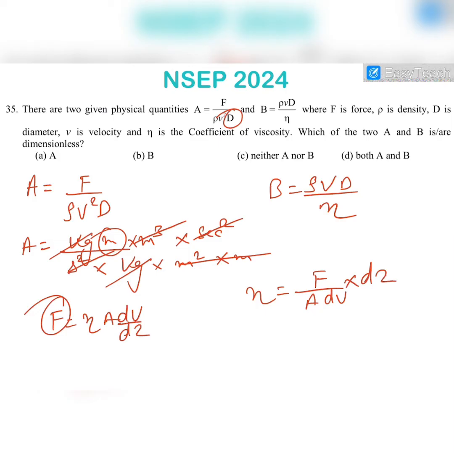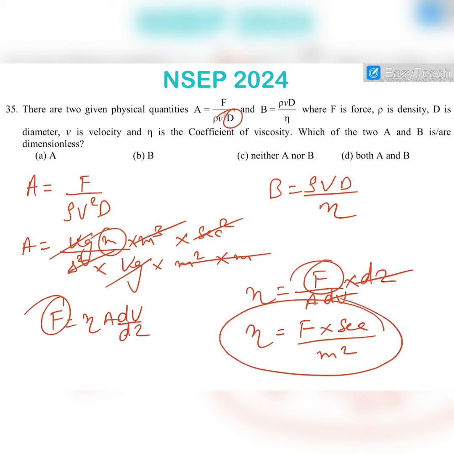This is the dimension of neta, and you can say that this is force, and you can cancel the dimension of dz with dv, and there would be a second on the numerator, and here it would be meter square. So dimension of neta is this.